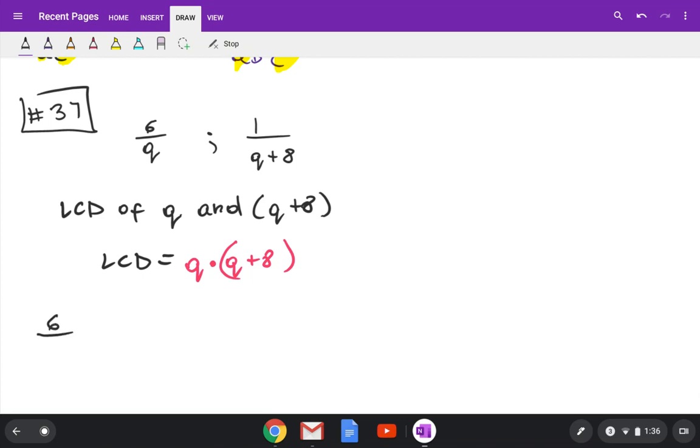For 6 over q, we need a denominator equal to q times q plus 8. The original fraction had q already, so I'm missing q plus 8. I multiply top and bottom by q plus 8.